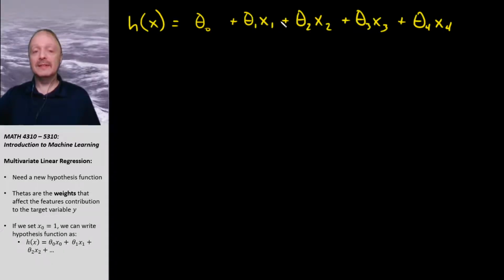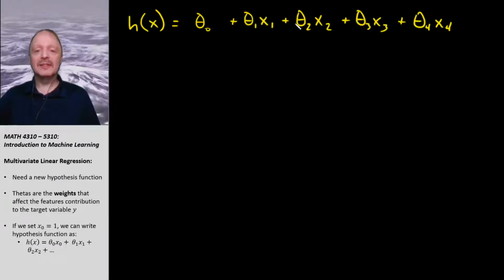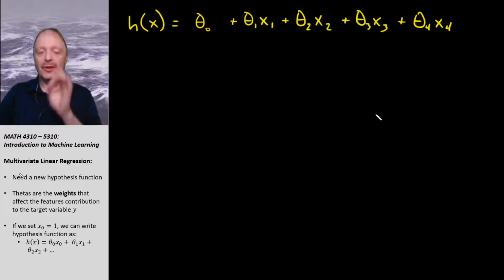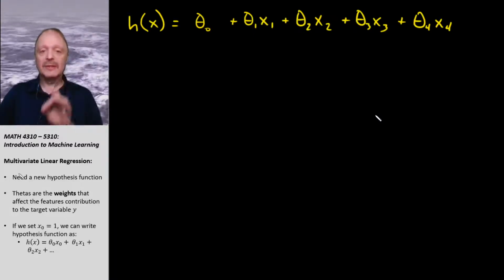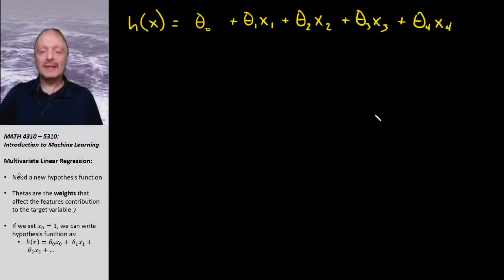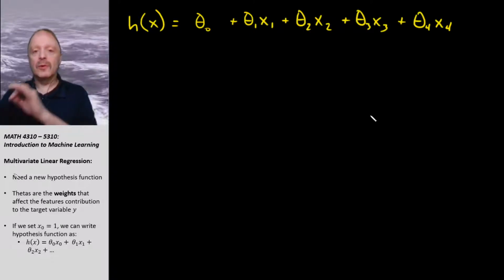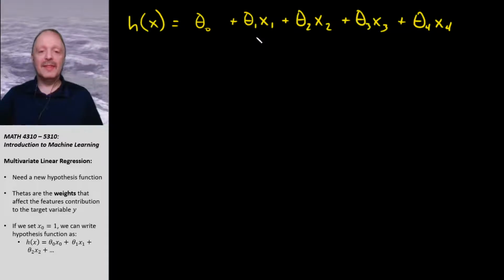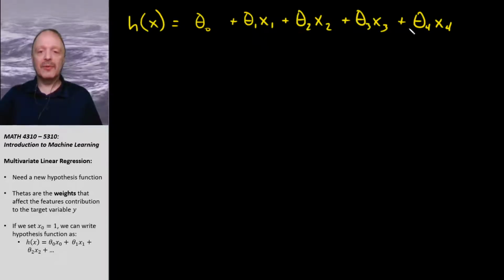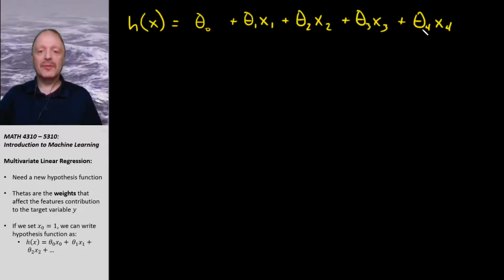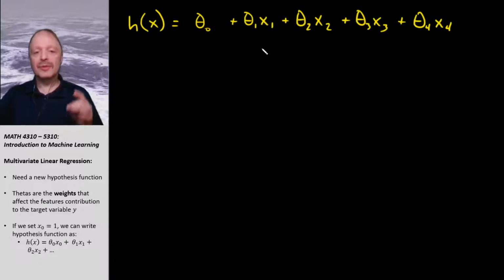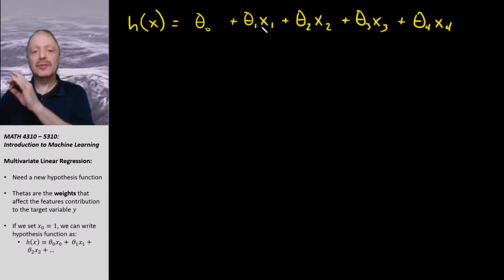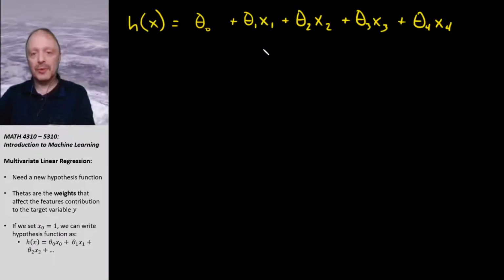These thetas, specifically theta 1 through theta 4, are going to set the weights for the features. In other words, these parameters, theta 1 through theta 4, are how much each one of the feature values is worth.